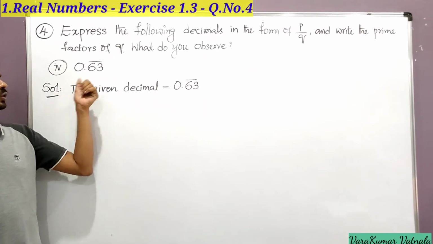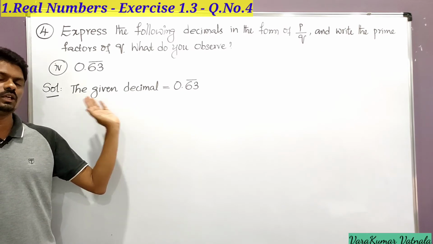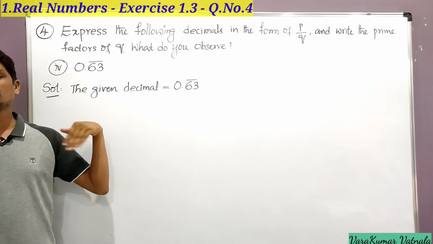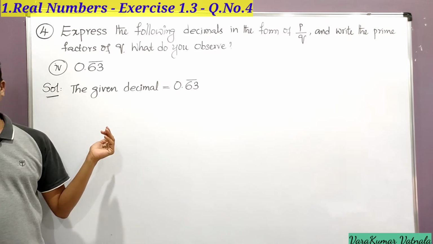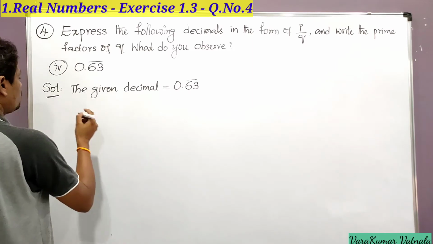0.63 bar is given. Again we have to write the p by q form of the given decimal, then write the prime factors of q. The given decimal is 0.63 bar.